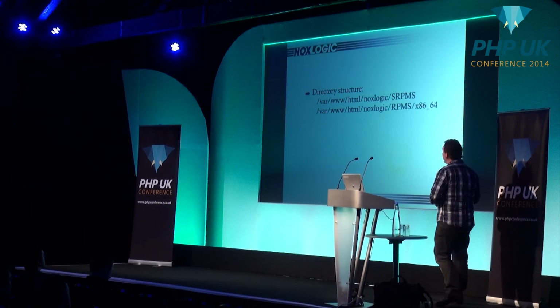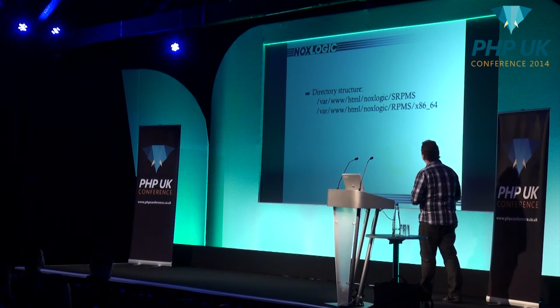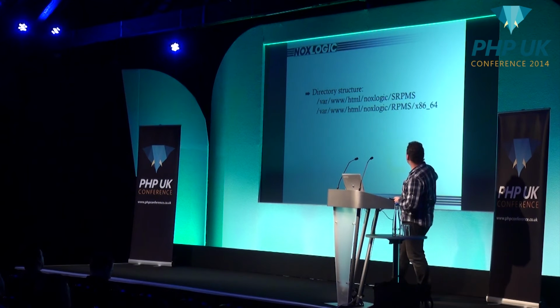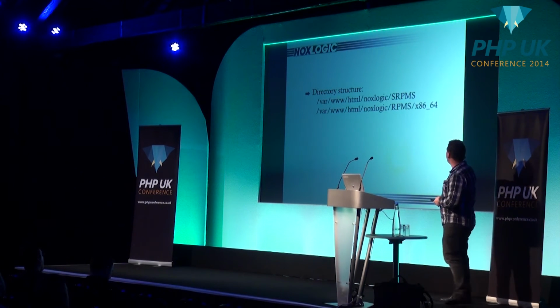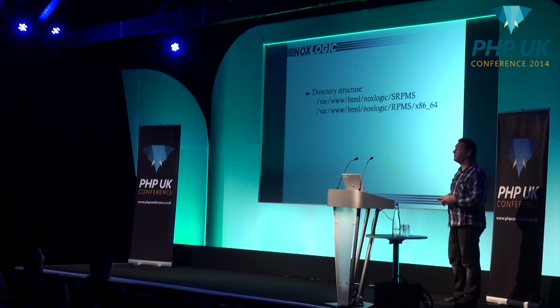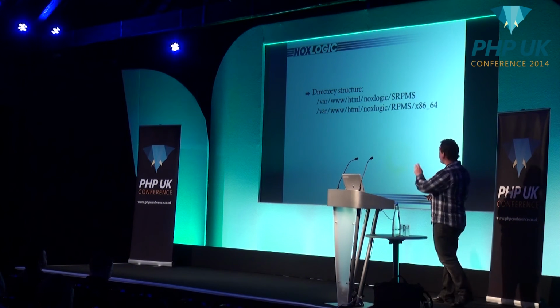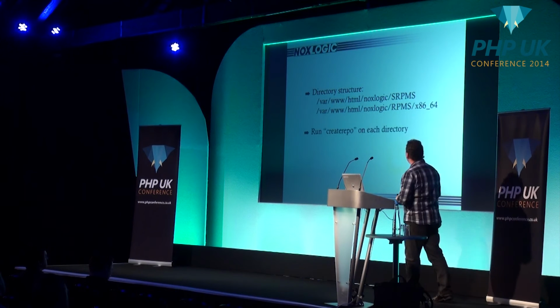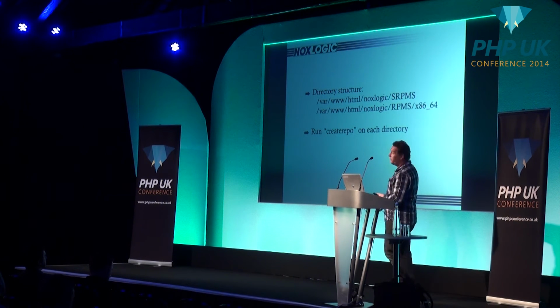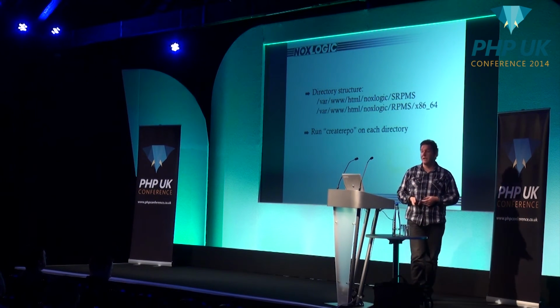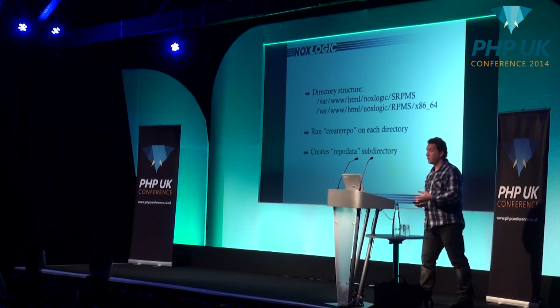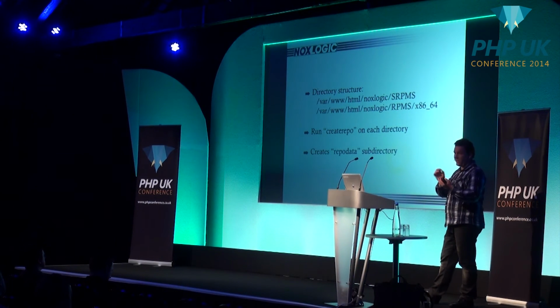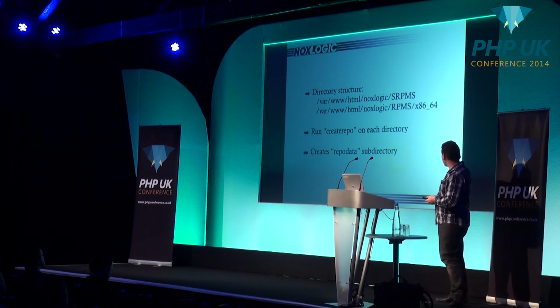If you look at repositories, you normally notice that they are called SRPMs and RPMs x86_64. So those are the architectures again. So I can create this on my web server, and I can run createrepo on these two directories, and it will actually create something called a repodata structure, which is like a simple database with all the information about all the packages that are found inside these two directories.